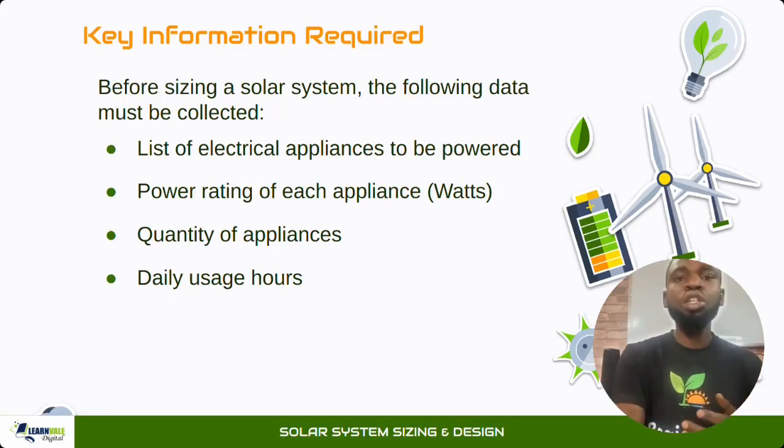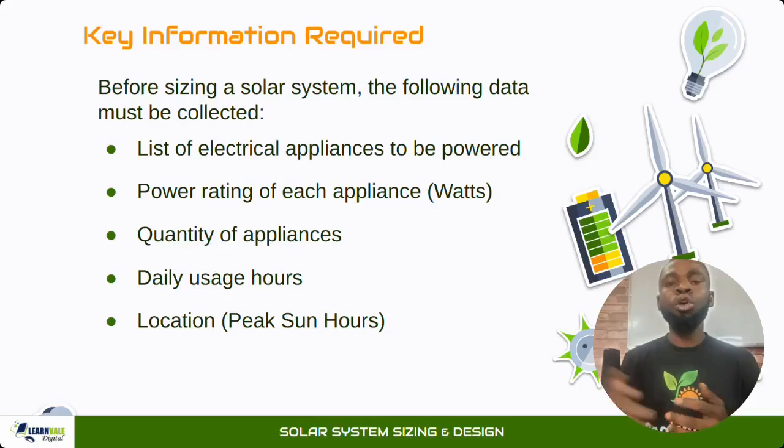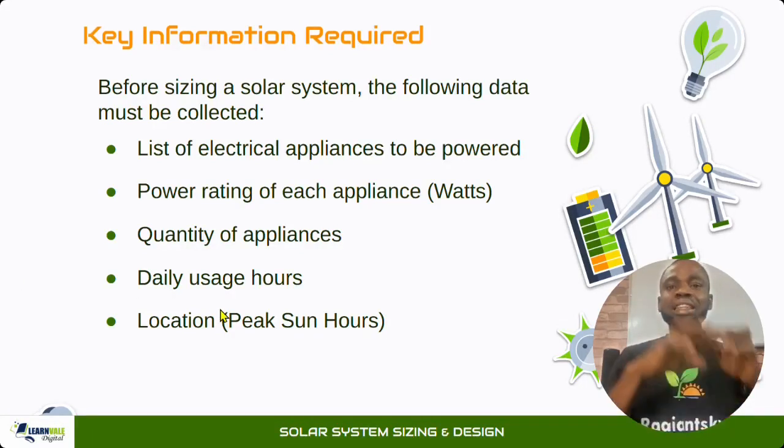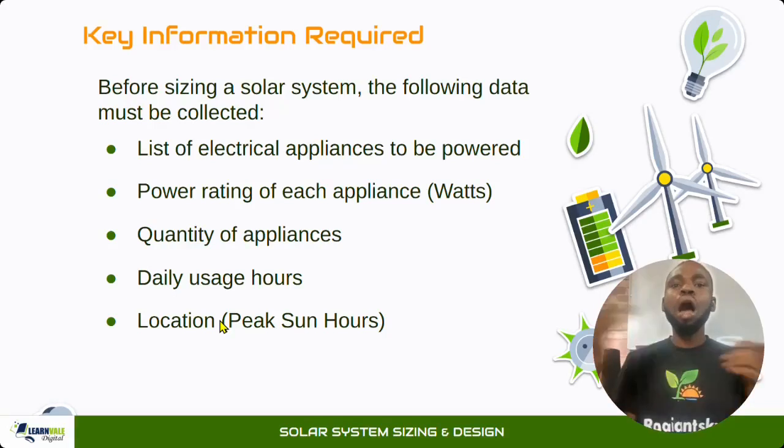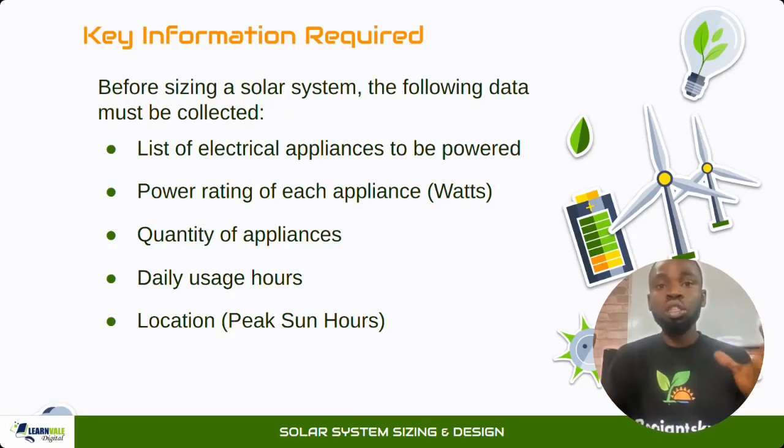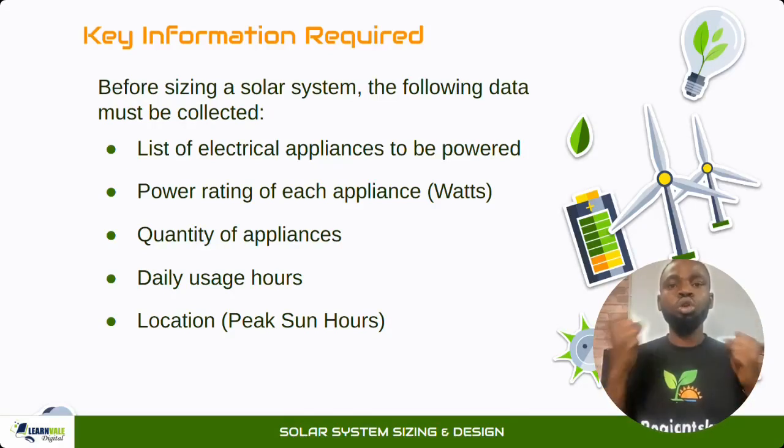Another thing you need, now this might not be from your client. This can be based on your observation, or you can get this information from meteorological stations in your region, the people that take care of weather forecast and all that. They can tell you the peak sun hours. What this means is how many hours a day in your region, the place you want to install the solar, do they get strong sun shining very well.